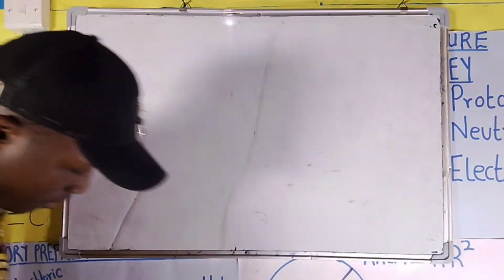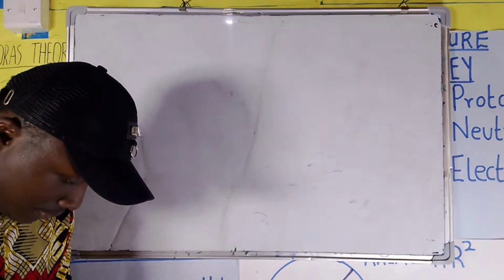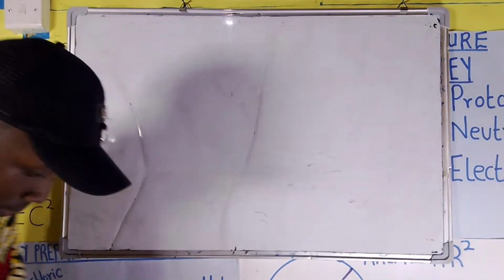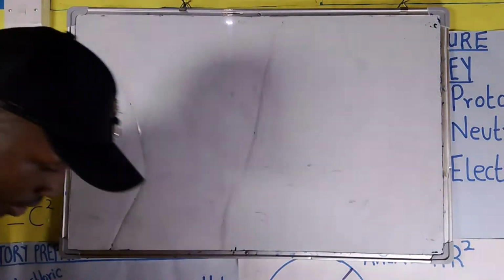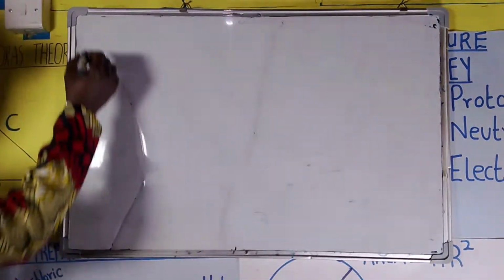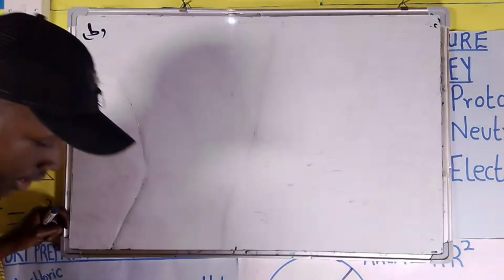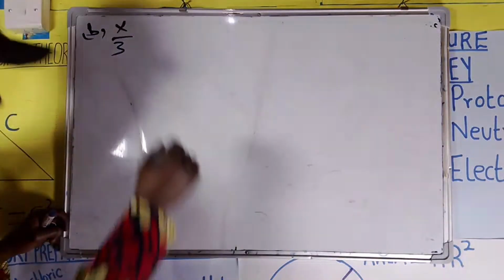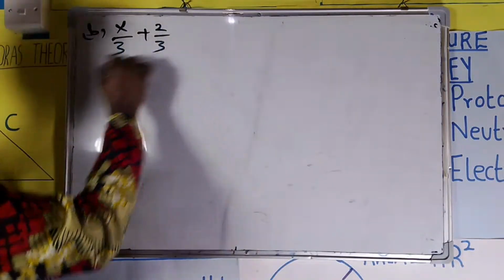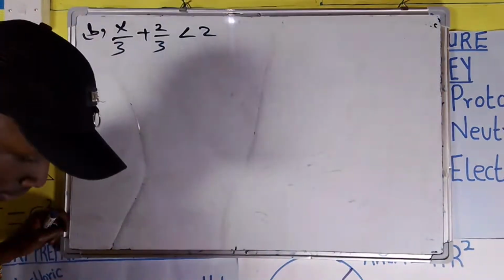Tufanye ya mwisho kama hiyo. Tuko na mbili hapa. Tuko na moja nyingine hapa. Part B, example B. Tuchole hii: x over 3 plus 2 over 3 is less than 2.